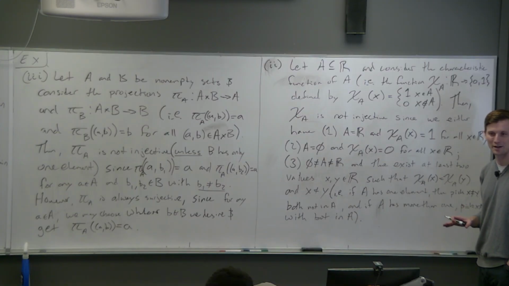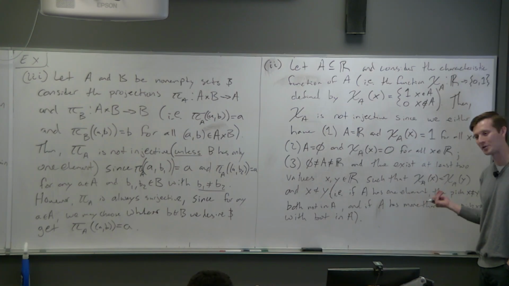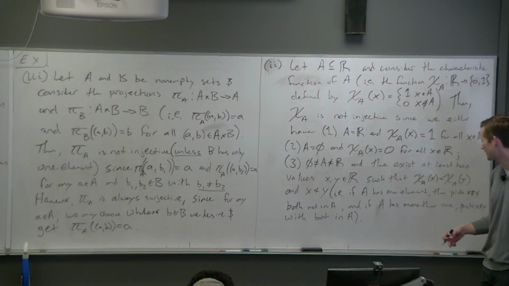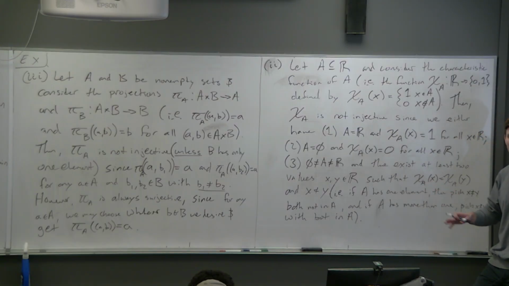If A has only 1 element, then you could pick the 2 things to be outside of A. That's certainly possible, right? There's more than 1 real number. There's more than 3, which is what we need, yeah? And if A has at least 2 elements, then just pick both of them to be in A and you're done. Either way it works.